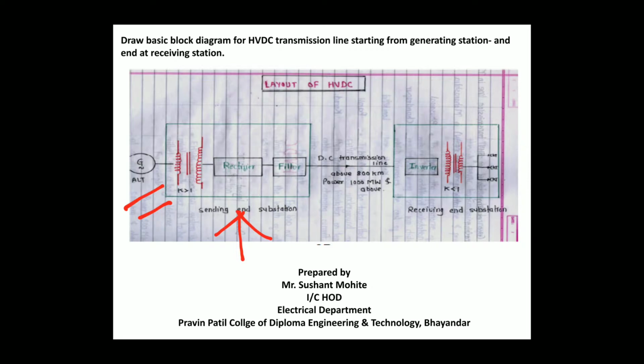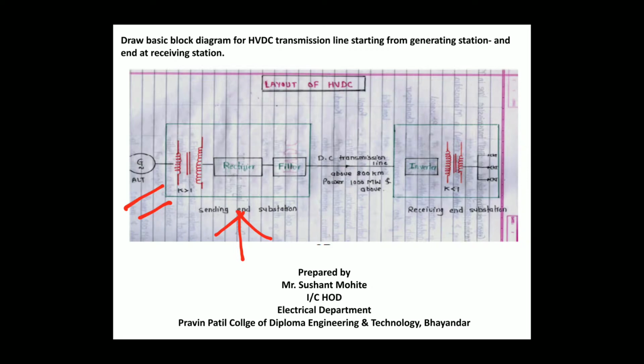You always remember that the generation is in AC form. So here we use the rectifier, which converts the AC into DC.